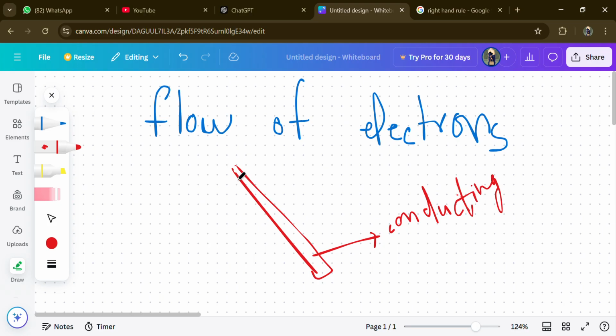Now you are letting the electrons pass through this wire. These blue spots are electrons passing by.